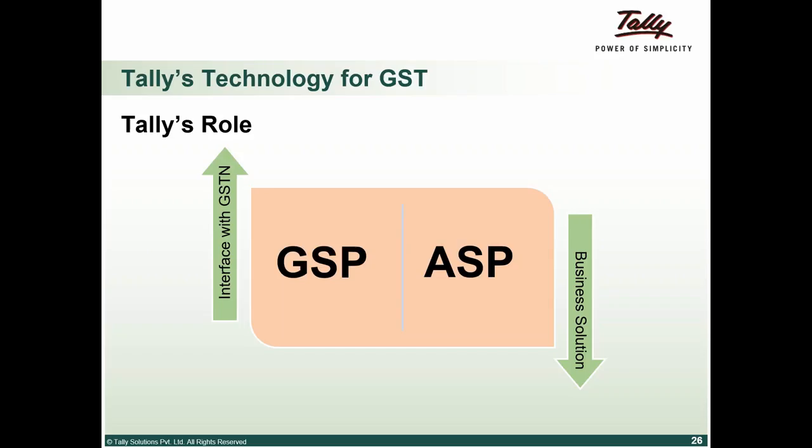Once we become a GSP, since Tally is a GSP and also an ASP, this GSP-ASP combination is like the best couple in the world. Very, very understanding couple. You can do wonders by being a GSP and ASP, and the kind of experience that we can give in the business solution as a Tally product is going to be phenomenal. We couldn't have even dreamt of it in our wildest dreams.